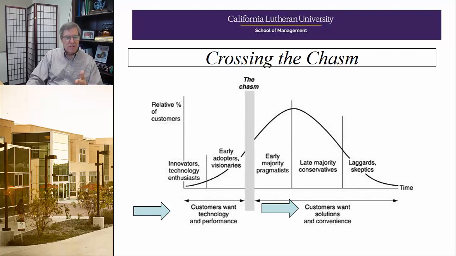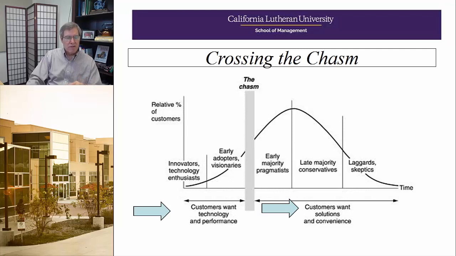Whereas if we move to the early majority and late majority, those customers want solutions, convenience, quality, and reliability. So there's two completely different types of customers. One is technology focused and performance focused. The other one is solution focused, quality focused, and reliability focused. And you need to be aware of, again, what type of customers you're targeting.